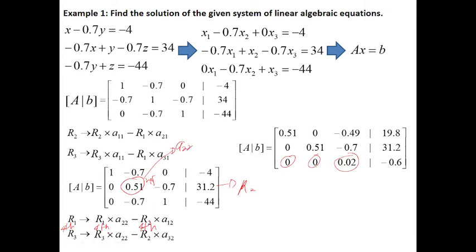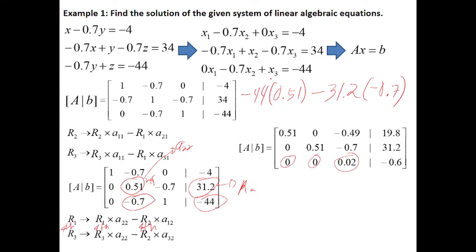So, meron tayo dito R3, fourth element, negative 44 multiplied by 0.51, minus 31.2. Hindi ko natitignan yung nakasulat dito kasi meron akong nakitang pattern, di ba? Self-discovery yan, times negative 0.7. Para mabilis.